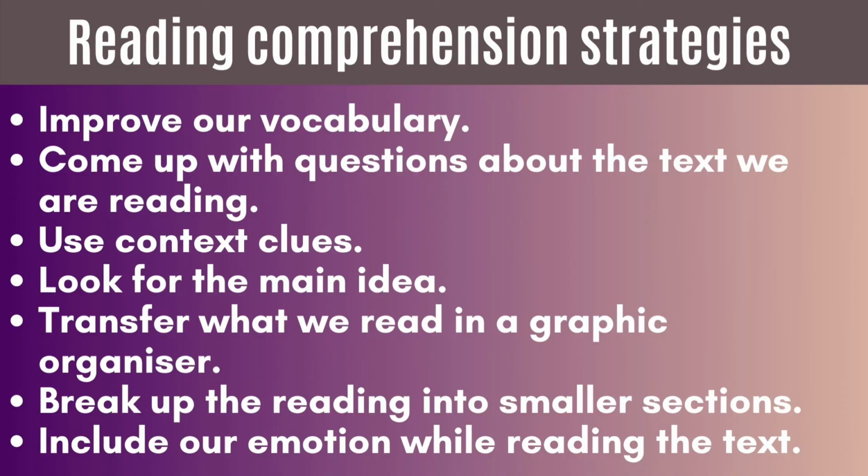We use context clues, and then we look for the main idea so that we grasp the gist of what we are reading. Then we transfer what we read in a graphic organizer if it helps, especially if you are a visual learner. We break up the reading into smaller sections. And finally, we can include our emotion while reading the text. It would help us to comprehend faster.